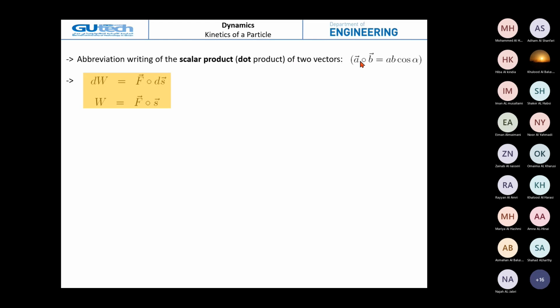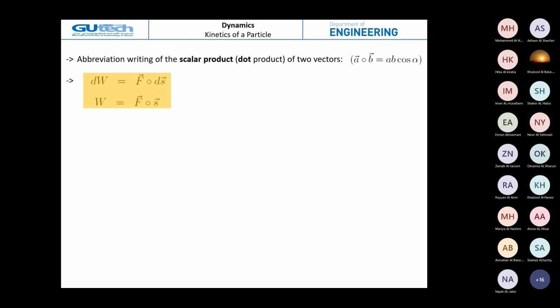Then we have A scalar product B. This is always defined by A multiplied by B, the magnitude of the vector A, the magnitude of the vector B, cosine alpha. This is the definition of the scalar product of two vectors.